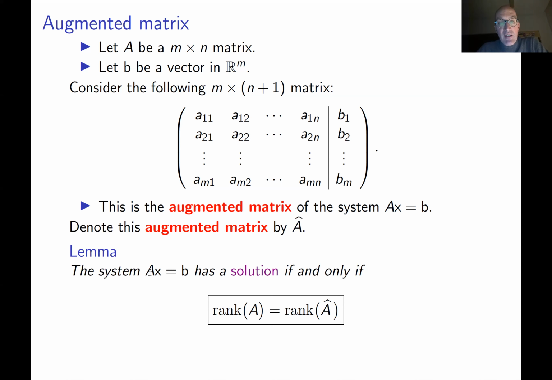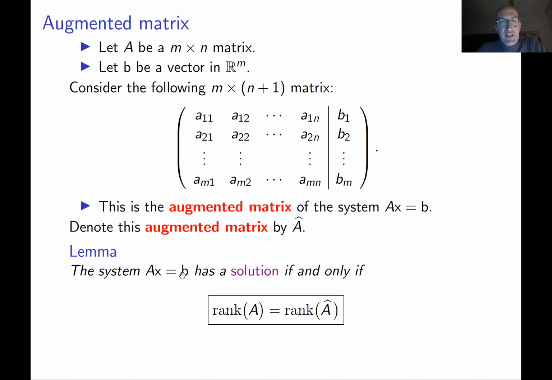If Ax equals B has a solution, it means you can find a vector x such that Ax equals B. What does it mean? Again, a very important observation, which I have used already multiple times: when you multiply the matrix A by a vector x, this is a linear combination of the columns of A. So by definition, Ax is contained in the column space.